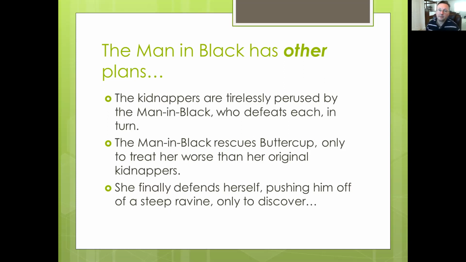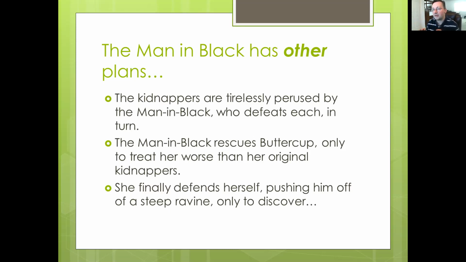At one point, Buttercup simply reaches her fill. She's had enough. And as such, she takes advantage of the man in black spying the arrival of the Florinese armada, which does make him nervous.